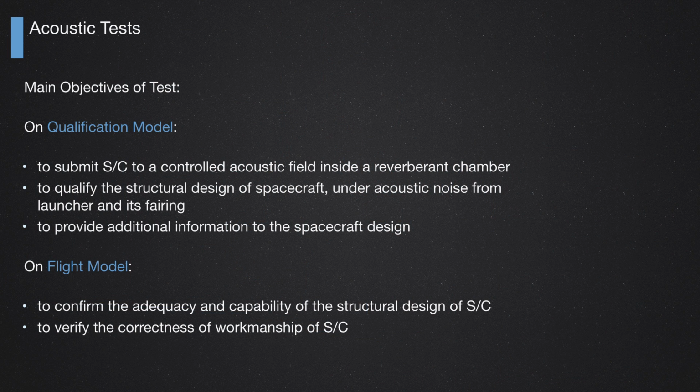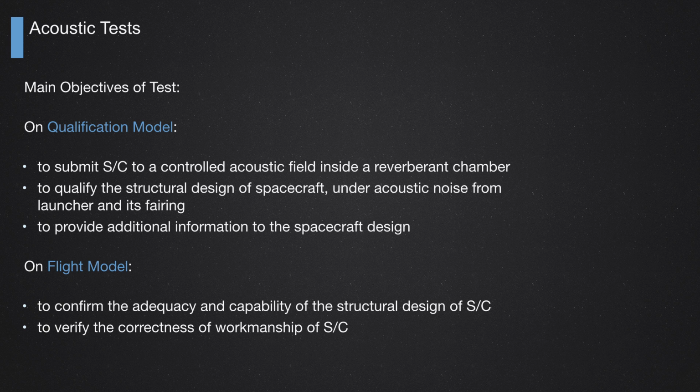Using computers, you can program the flow of the nitrogen passing to these horns, and you can reproduce very closely the curve of the acoustic noise that is going to take place during the launching phase. The people from the launching vehicle know exactly what noise their rocket will produce on top of the spacecraft. We can reproduce that noise in the laboratory using acoustic chambers.